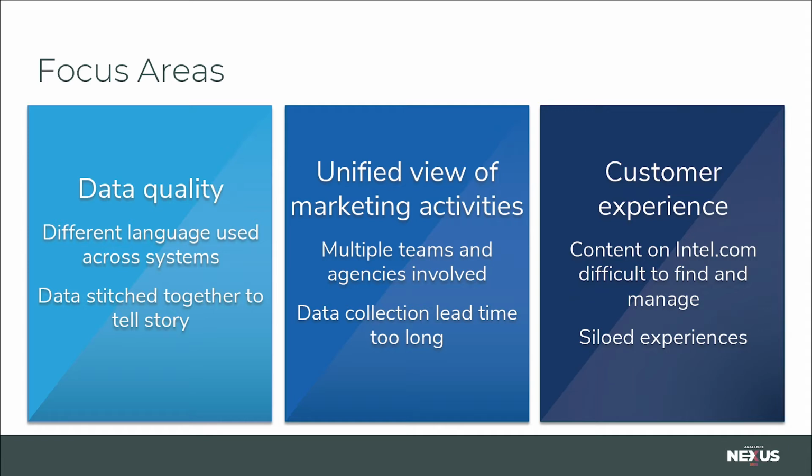We determined through the business case that our top three focus areas should be data quality, getting better information about how our campaigns were performing, and improving the findability of our content and our customers' digital experience on Intel.com.